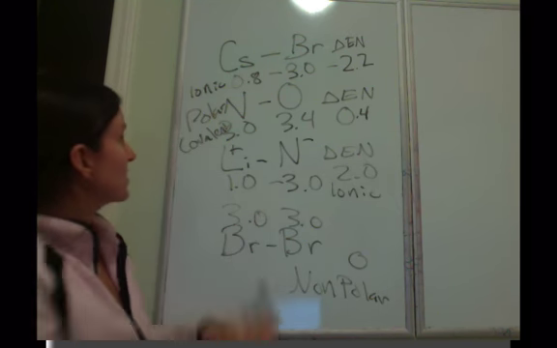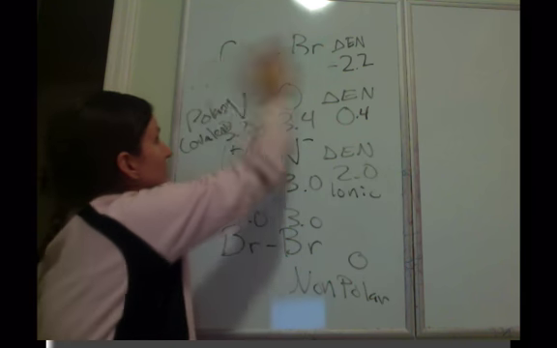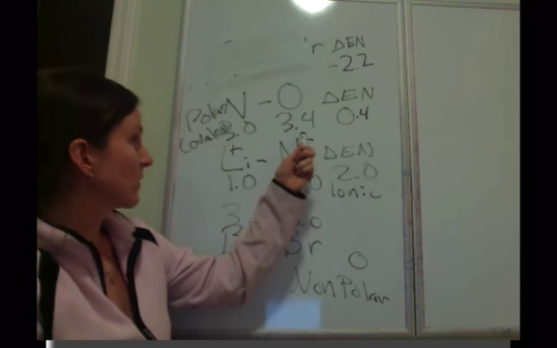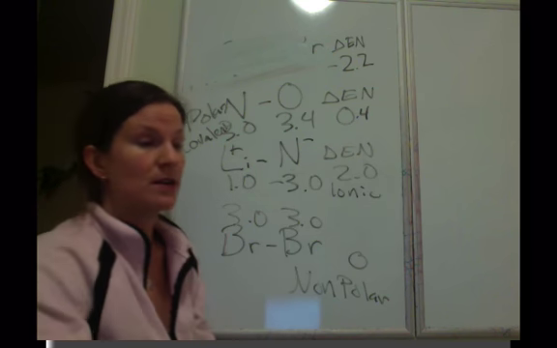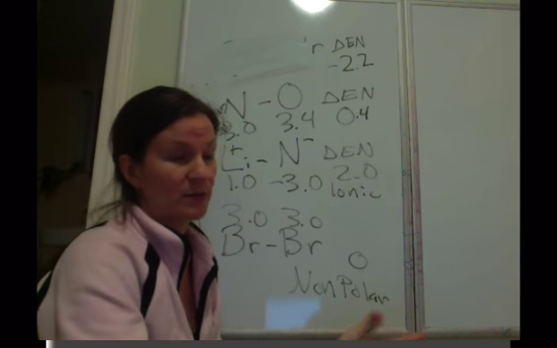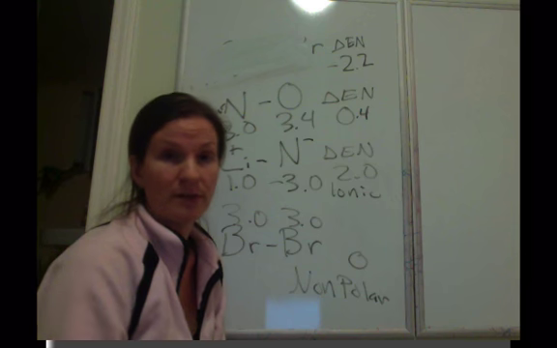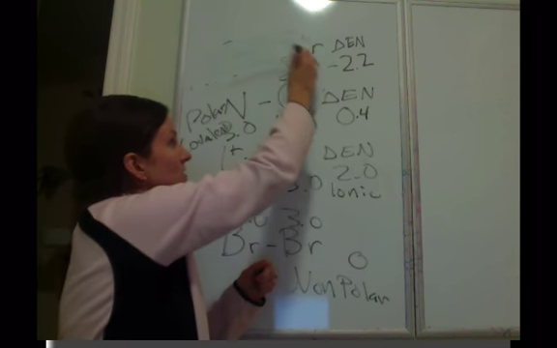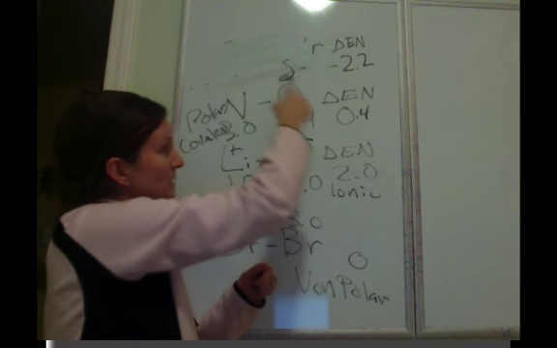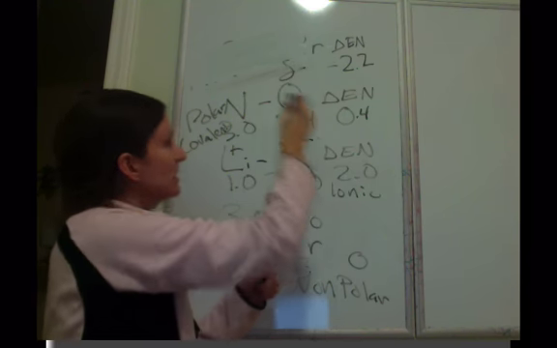But right here for the nitrogen and oxygen example, oxygen has 3.4 and nitrogen has 3.0. So oxygen is more electronegative, which means it's going to have the electrons around it more often. And we denote that by creating these partial charges. Okay? It's going to be negative because it has electrons more often.